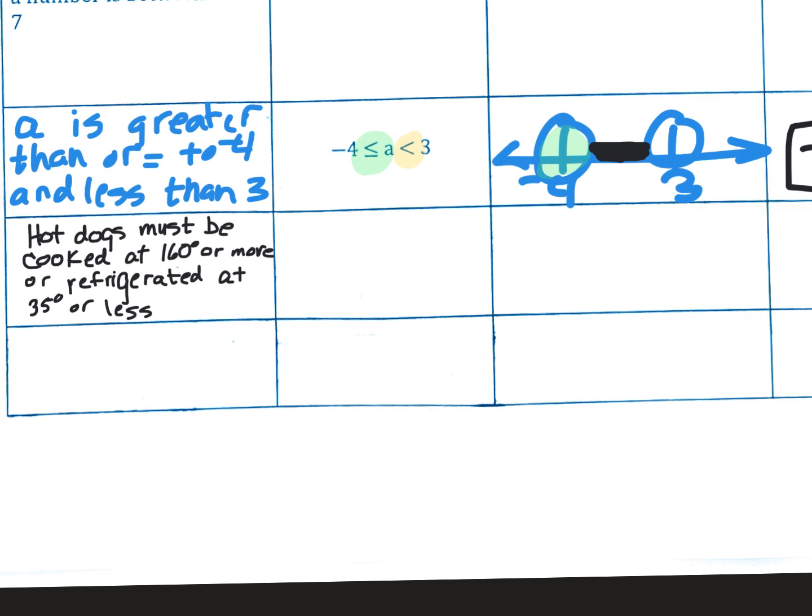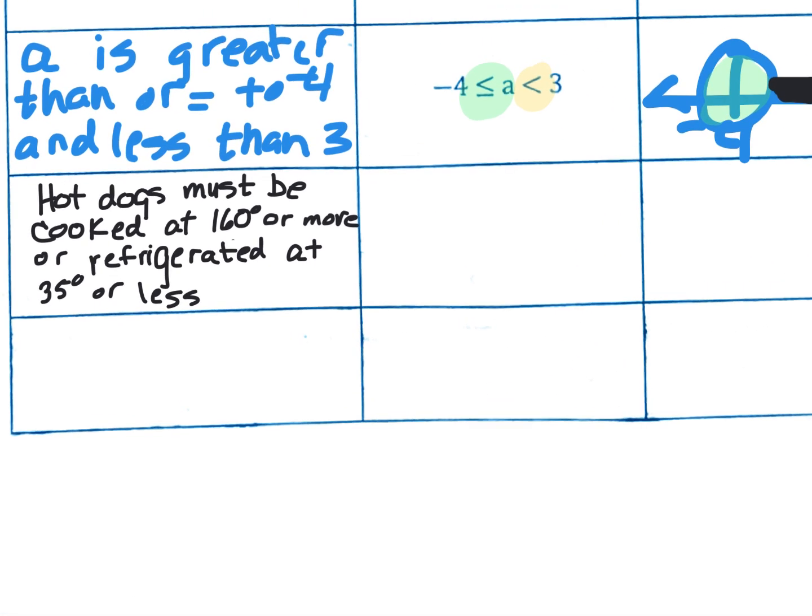All right. First of all, the hot dogs. Remember, it's actually the middle of the road. Okay. Let's try that again. It's got to be cooked at 160 or more, right? We all know that the middle of the road is when hot dogs go bad.